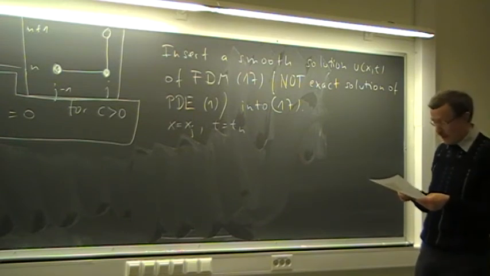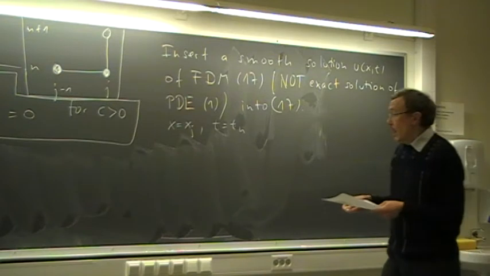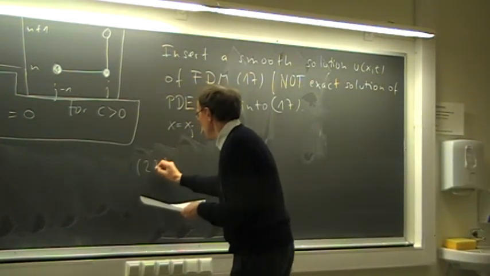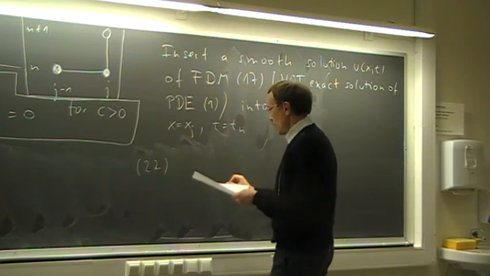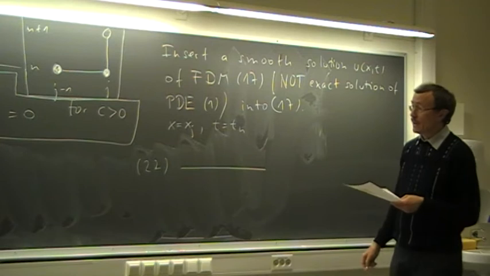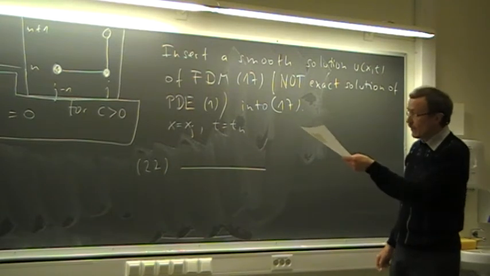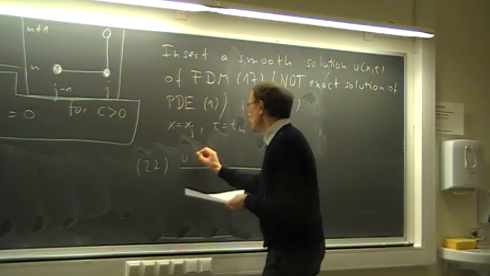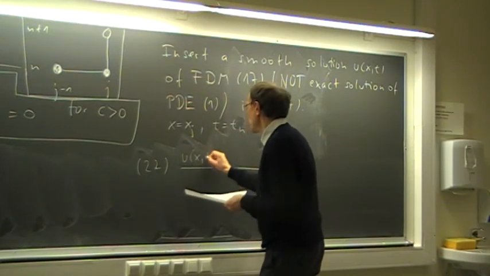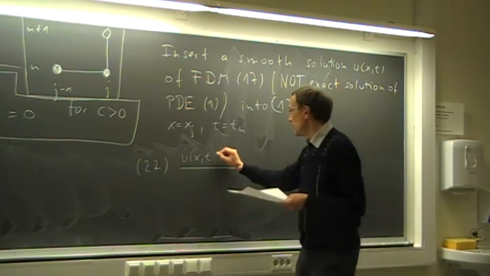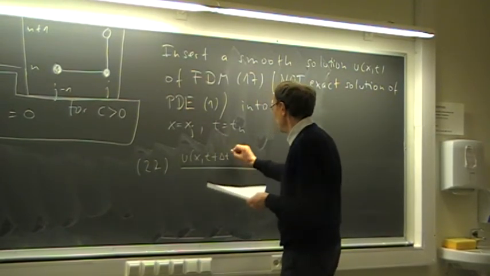We can skip the indices. And then we have the following, 22. So now we insert the exact solution of the finite difference method, not of the PDE. That will be u of x, and t n plus 1, that is t plus delta t.